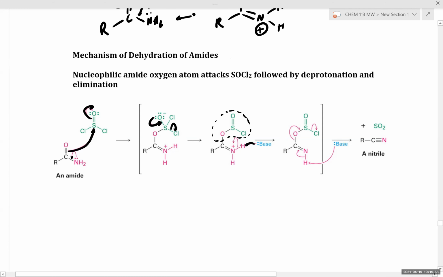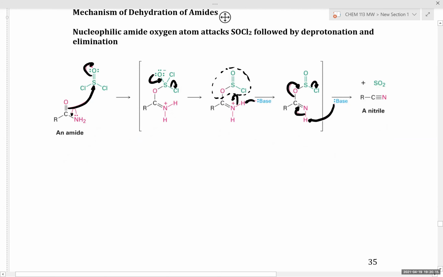From here, base can pull off a proton. And finally, a second equivalent of base pulls off our final proton, promoting elimination and loss of our leaving group. This cleanly gives us our desired nitrile.